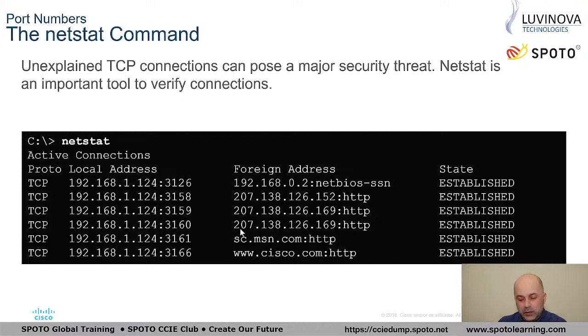So here at this record we have this IP address, which is the destination IP address with a double colon, followed by the incoming port number, which means this is a web request to this IP address. HTTP is the application protocol for web browsing.